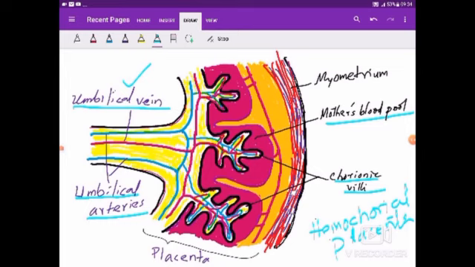So that is how the fetal blood circulation works, connected with the placenta, and the mother's blood pool is fed by the uterine artery and its branches.